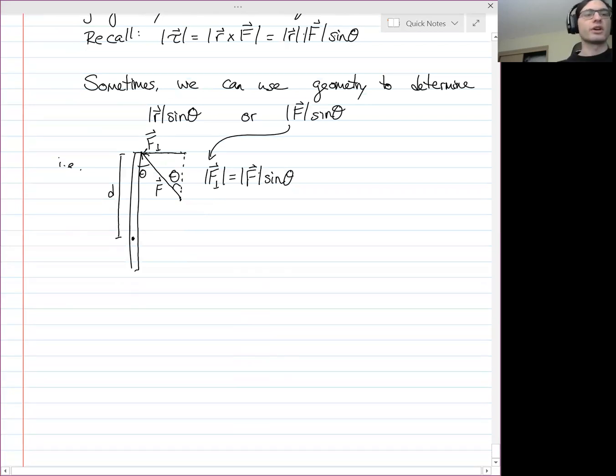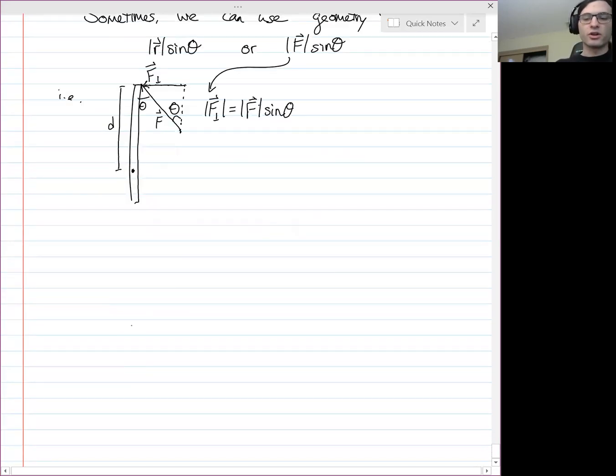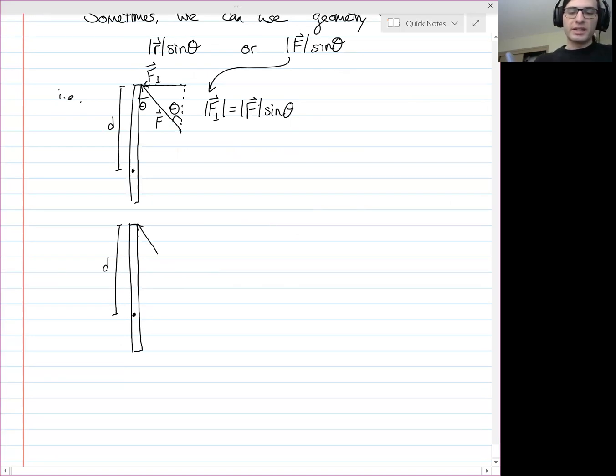This next one, though, is very useful. The other alternative is, same situation. Let's say that you have a force at that same angle theta. The trick here is you can use geometry. The trick is that you extend the force vector.